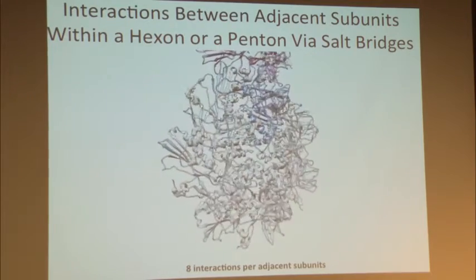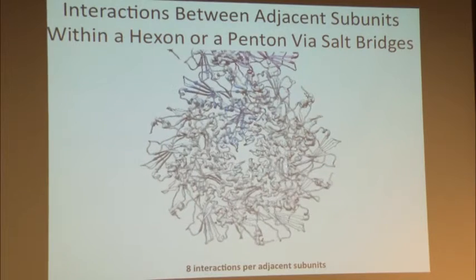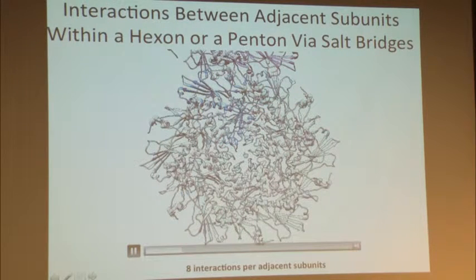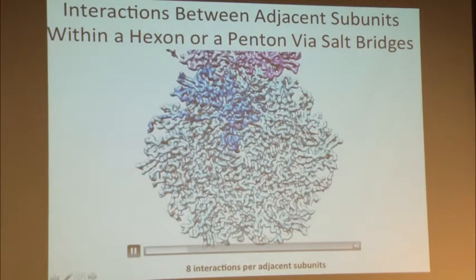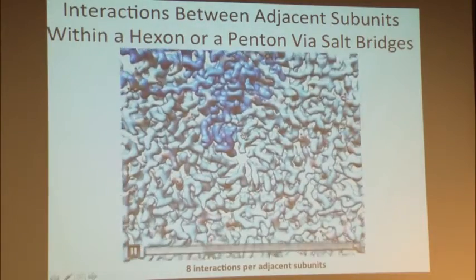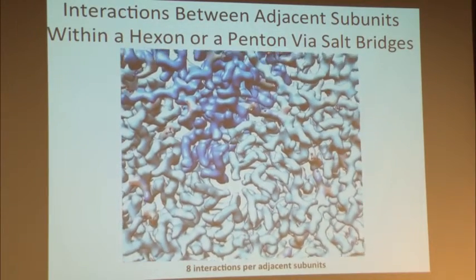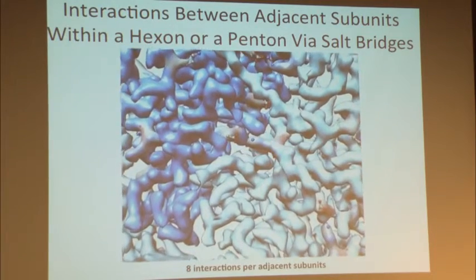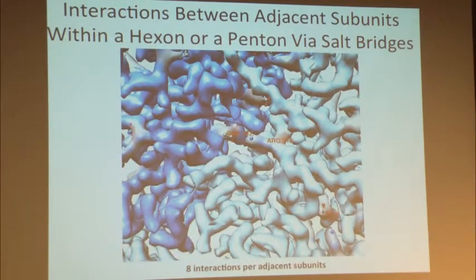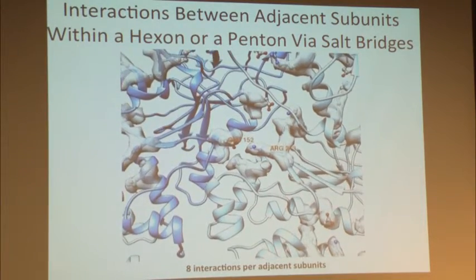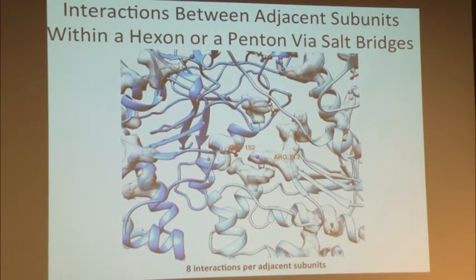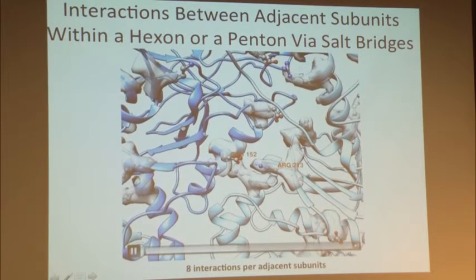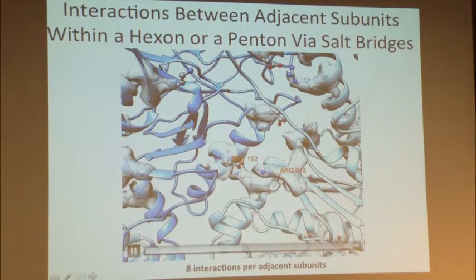So here I'm showing you again in the model, and we find this very intensive interface between the adjacent proteins, and in addition to the hydrophobic interaction, we actually discover the electrostatic interaction that involves salt bridges. So for example, like this one, glutamic acid and arginine, again I'm showing the model with the density to show these types of interaction. Now, this is a 3.3 angstrom resolution.